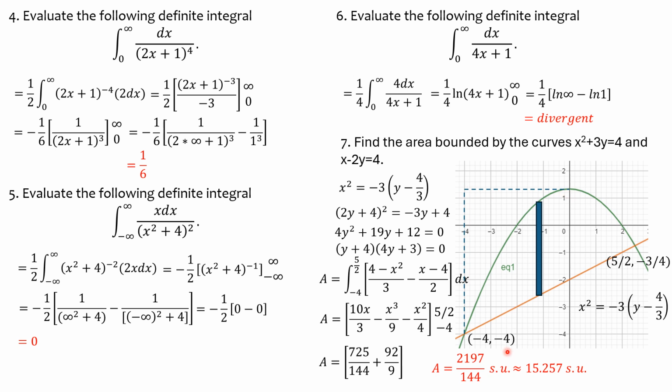So 4/3 minus negative 4 is equal to 16/3. And 4/3 minus negative 3/4, that is 4/3 plus 3/4, which is 25 over 12. So 5/2 and 25 over 12.